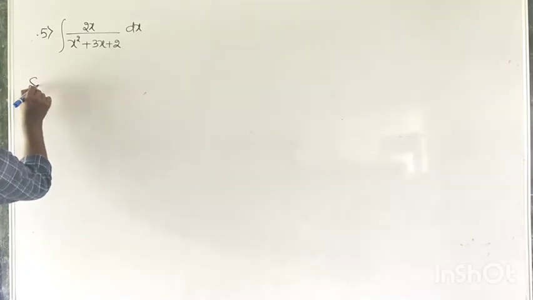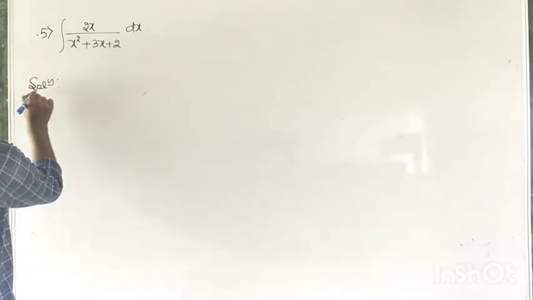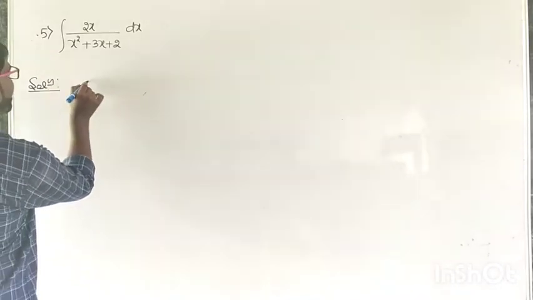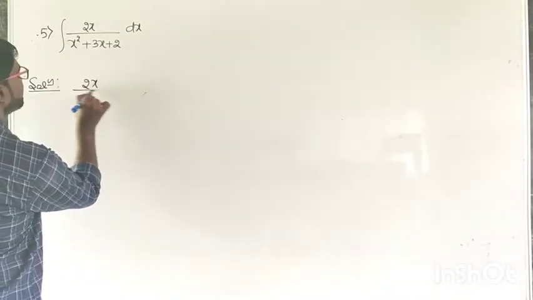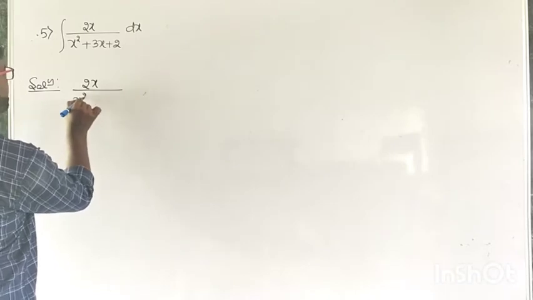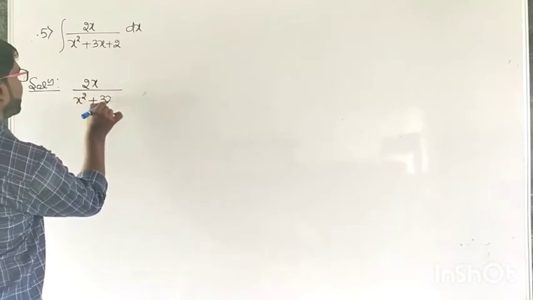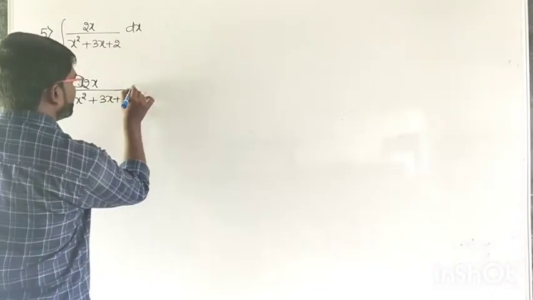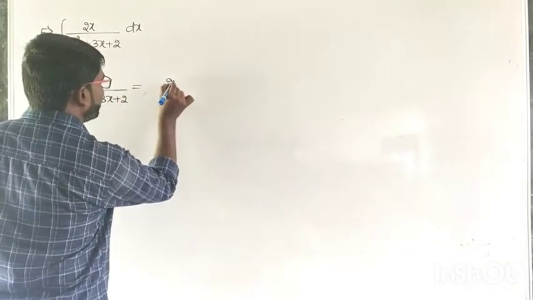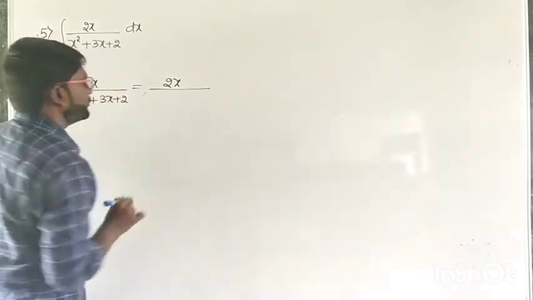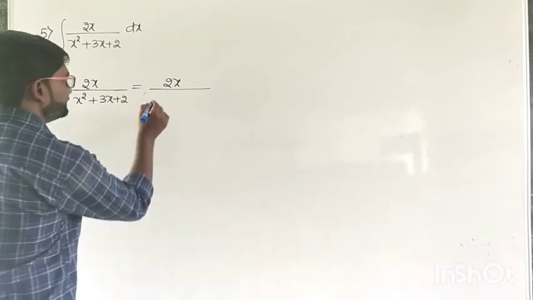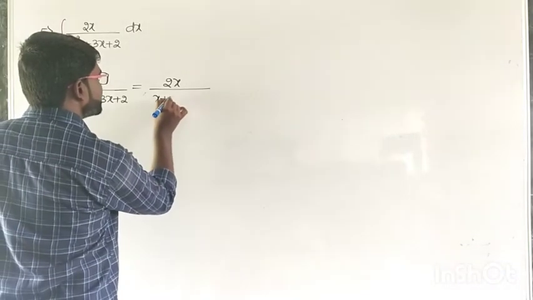So here 2x divided by x square plus 3x plus 2 equals 2x divided by, so x square plus 3x plus 2 can be written as x plus 1 into x plus 2.